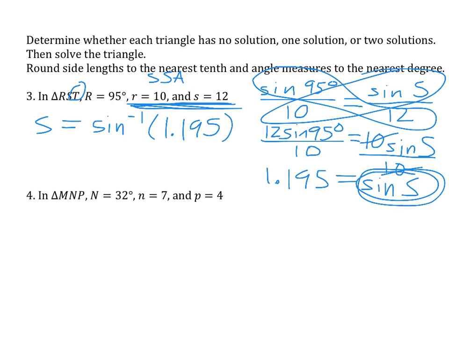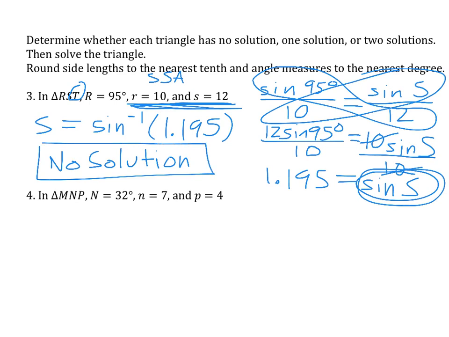If you do that, your calculator will give you an error. So no solution. So again, there's two ways you should be able to tell it's no solution. One is sine of an angle cannot be bigger than 1. And the second way is if you do it on the calculator, you get an error.